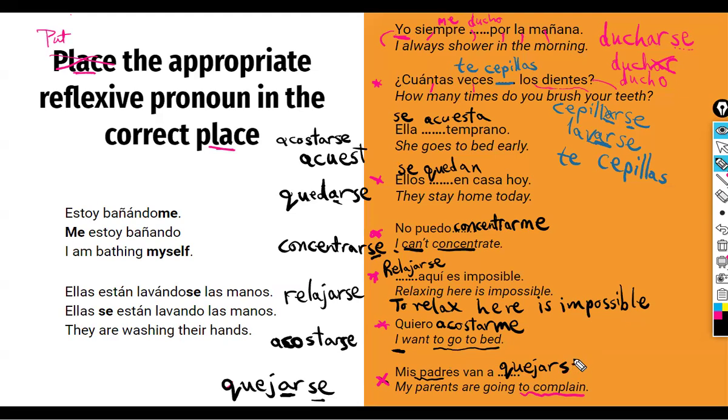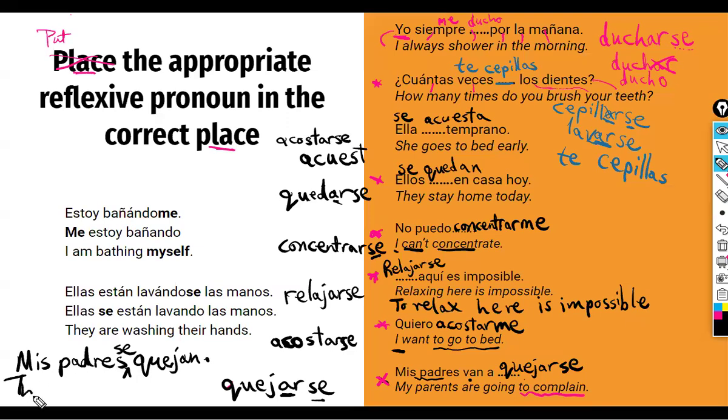Right. All right. Now look at the sentence again, right? My parents are going to complain. Because of this van, we have to leave that as quejarse. If it's directly my parents are complaining, it would be mis padres se quejan, right? Mis padres se quejan.